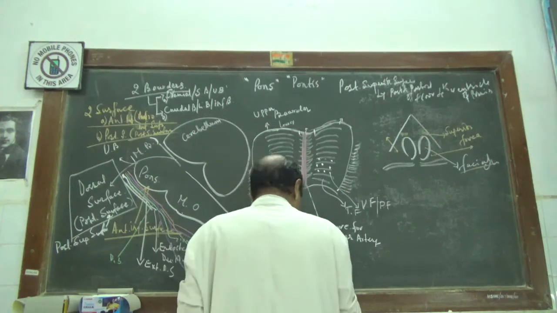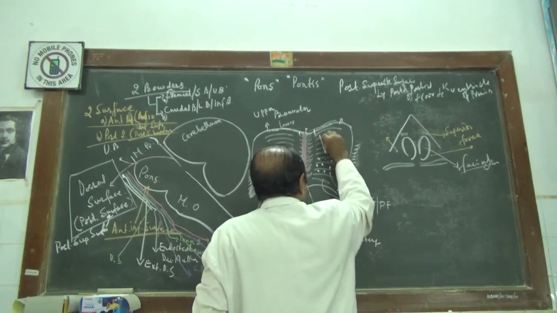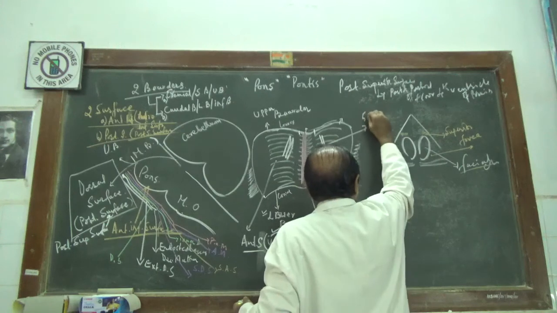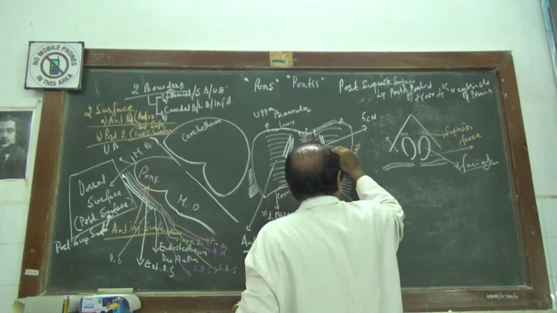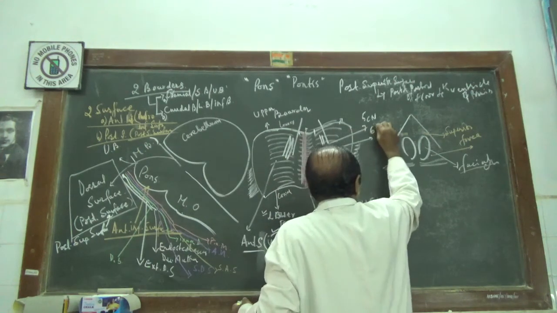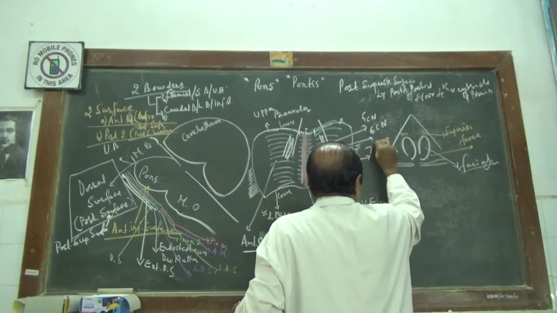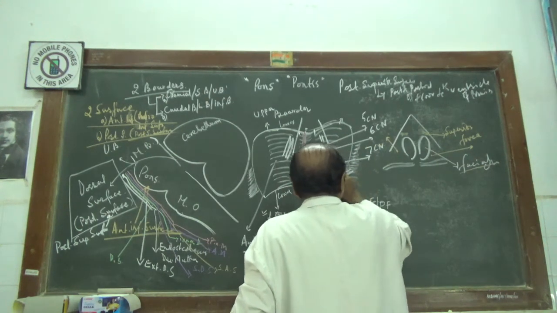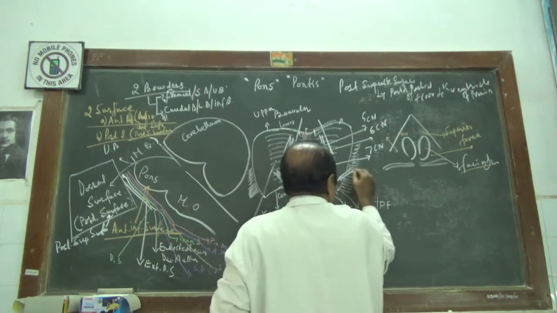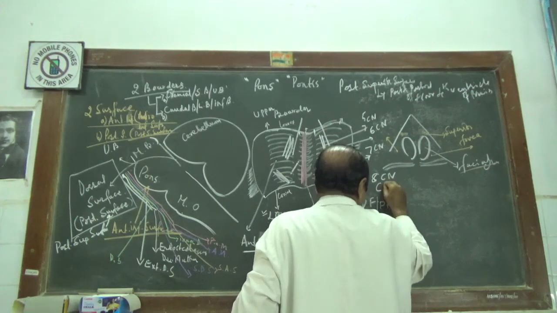It exhibits successively on either side the fifth cranial nerve emerging out, then the sixth cranial nerve, the seventh cranial nerve, and the eighth cranial nerve, especially the vestibular part.